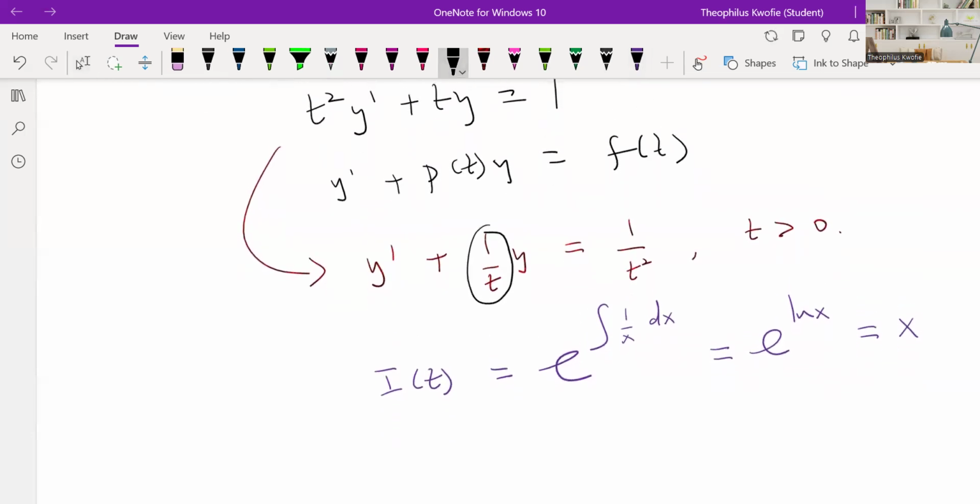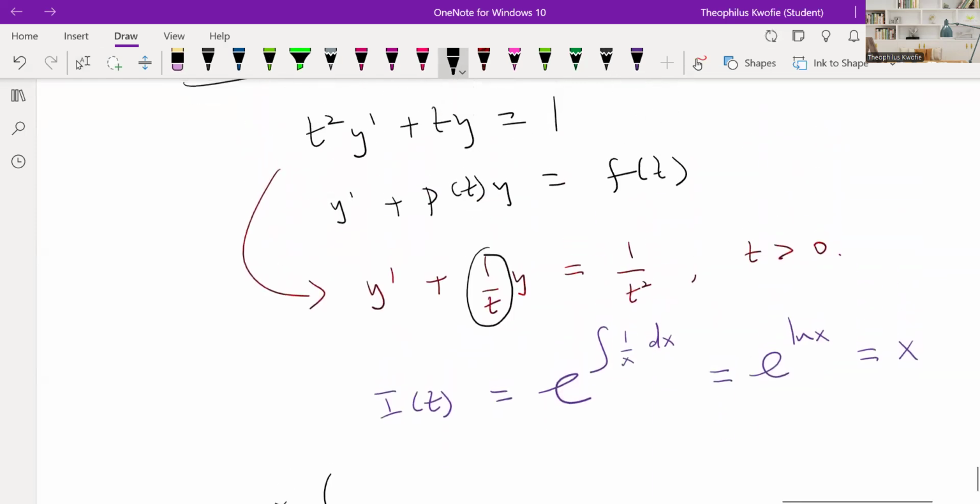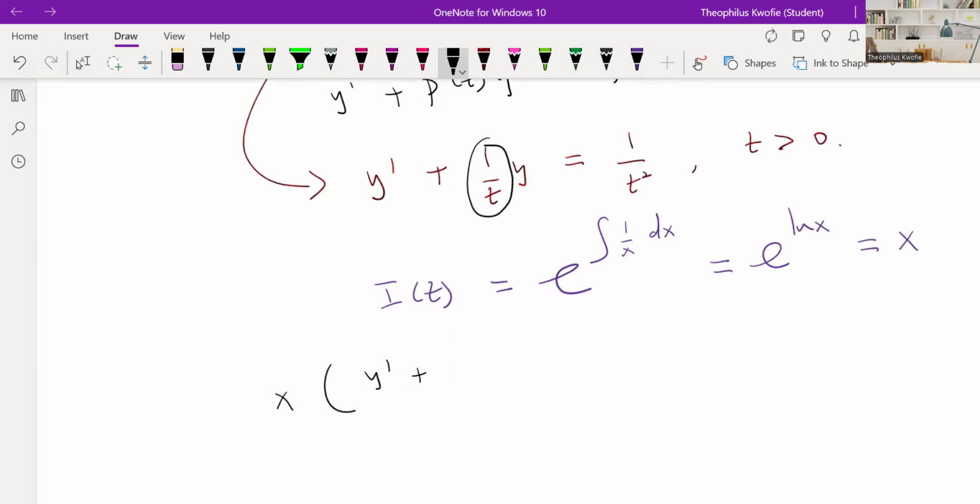Now, to go forward and solve the question, remember we said that once we have the integrating factor, we have to multiply both sides of the differential equation by it. So we're going to have t multiplying the differential equation that we have, which is y prime plus 1 over t y equal to 1 over t squared, and the right side also multiplied by t. I was using x, but it's supposed to be t and not x.